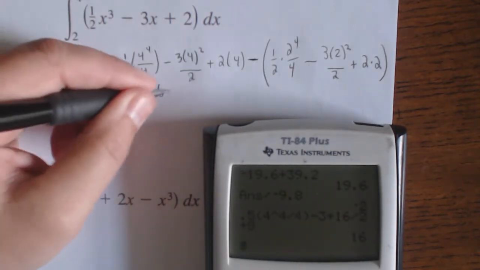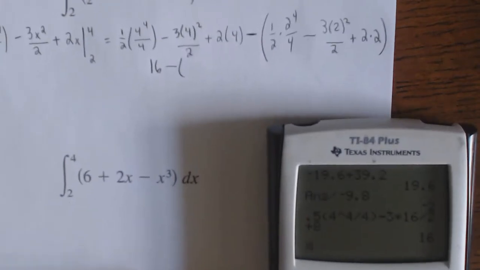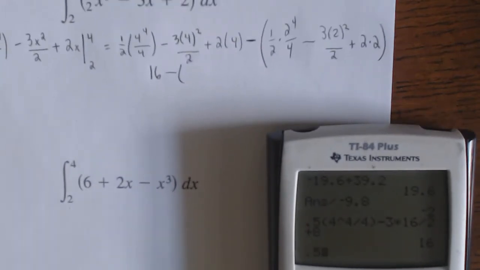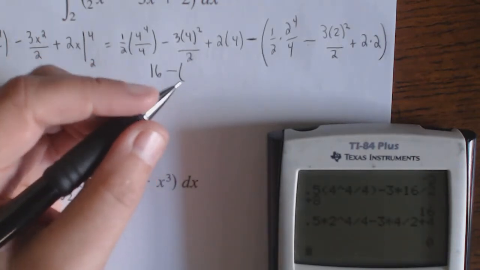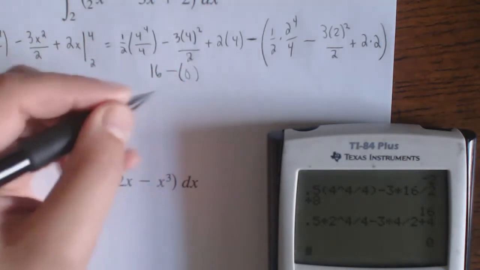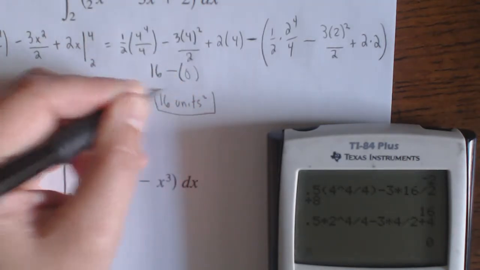So we get 16 minus parentheses. And right here we're going to have 0.5 times 2 to the 4th divided by 4 minus 3 times 4 divided by 2 plus 4, and get 0. And so the area under this curve is 16 units squared.